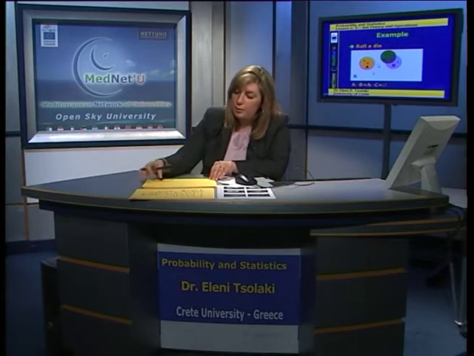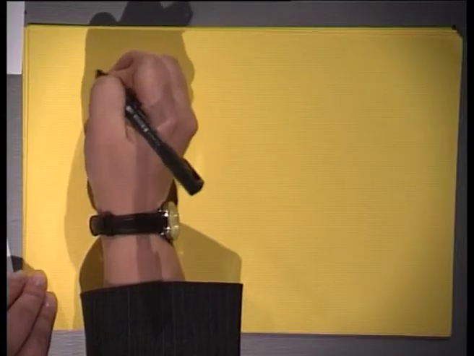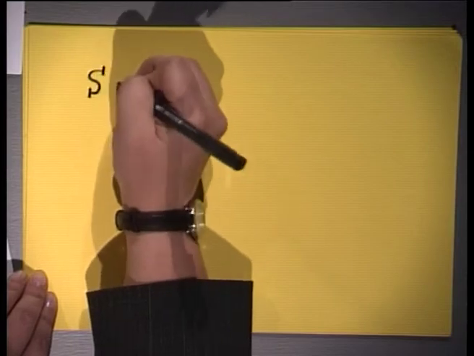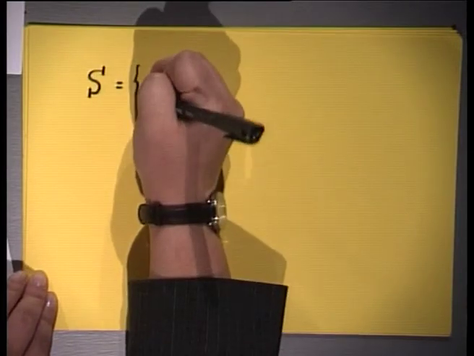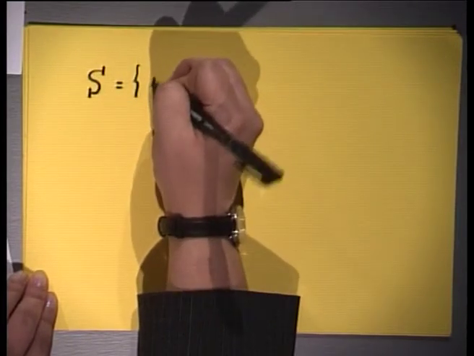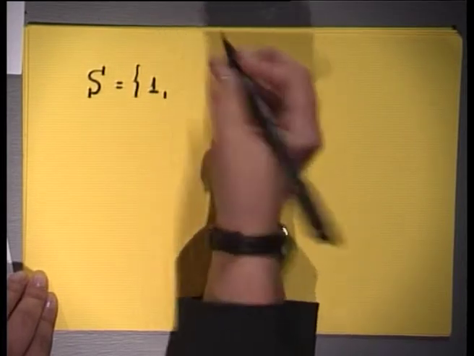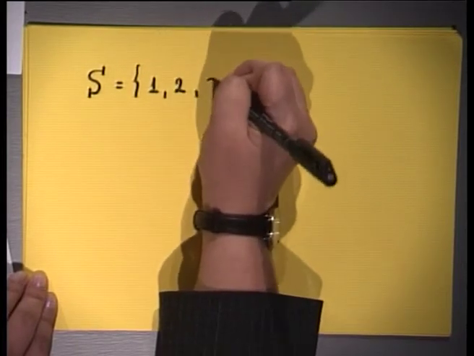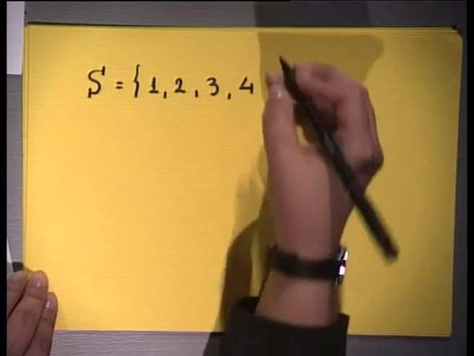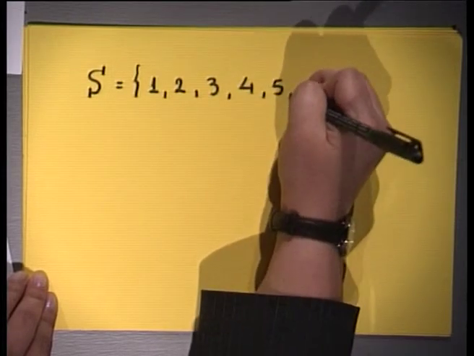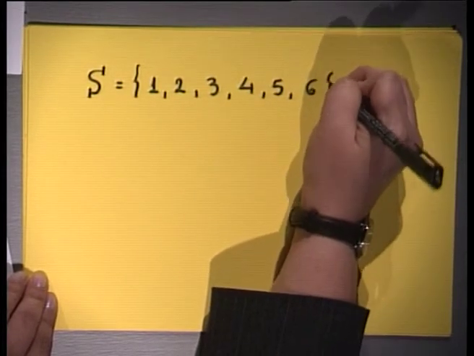So when we roll a die, our sample space, as we said, consists of elements 1, 2, 3, 4, 5, and 6.